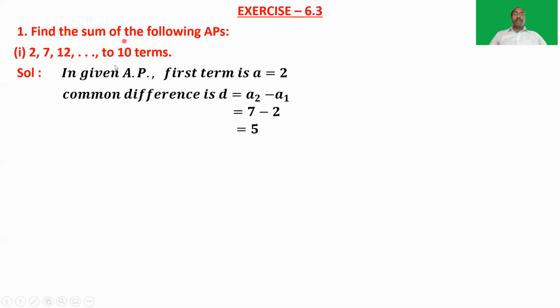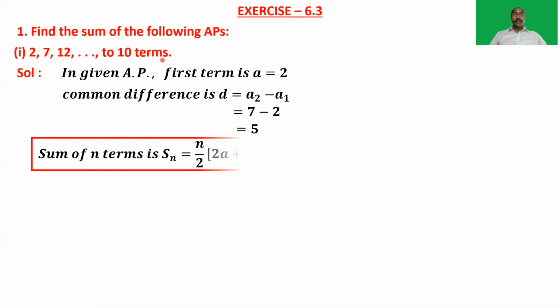And the number of terms given is n is equal to 10. So we know that the sum of n terms is Sn is equal to n by 2 into (2a plus (n minus 1) into d). And we need here the sum of 10 terms.